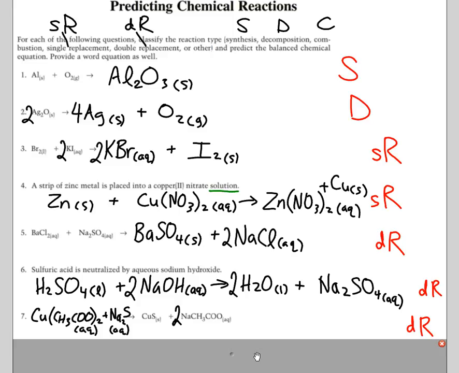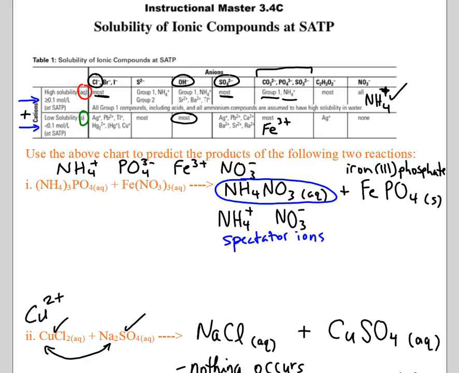Copper 2 acetate and sodium sulfide are the 2 reactants here. Both have high solubility. We can verify that with the solubility table. Again, sulfide is one we hadn't looked at yet, but sulfide is highly soluble with group 1, group 2 cations and ammonium. And you'll start to notice here that group 1 appears lots in the highly soluble category.